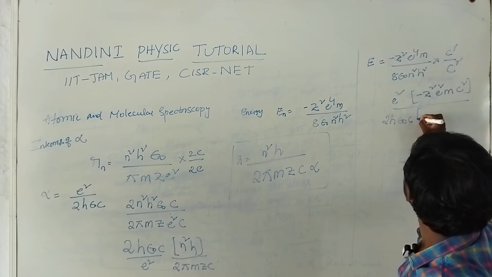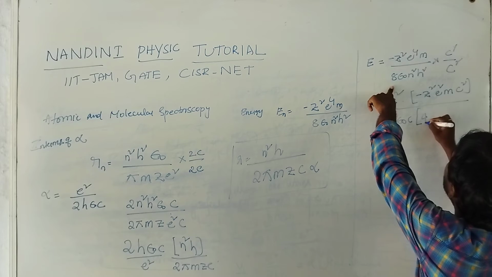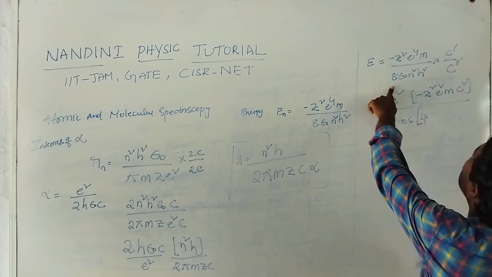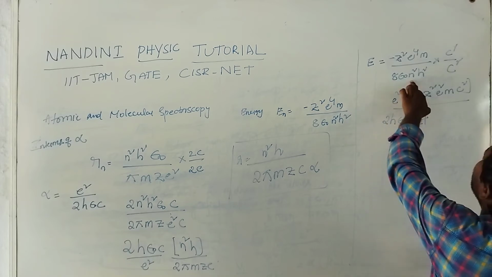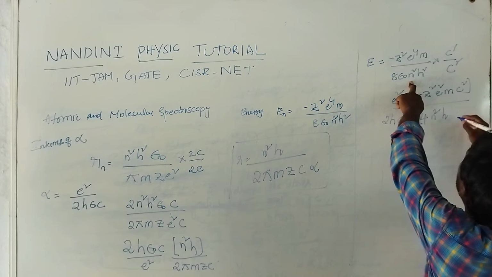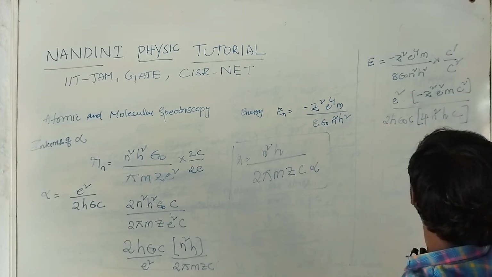Okay, so remaining is, what is 8, 2 4s are 4, and epsilon naught I will take, so n square, 1 h is there. And finally 1 c is there. So this is nothing but the alpha factor.